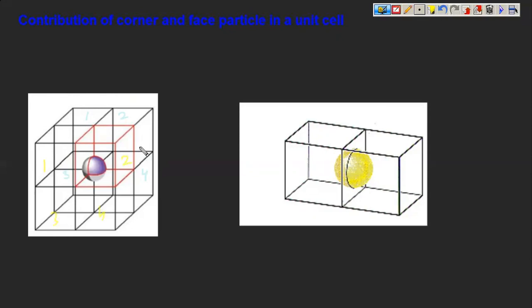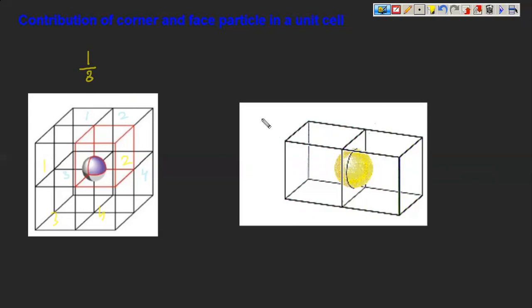So 4 at the back, 4 at the front. A total of 8 unit cells share this particle. So how much share is there in one unit cell? It's 1 upon 8 part that is shared in one unit cell. Since 8 different unit cells share this single particle, the share of this one particle in one unit cell is 1 upon 8.